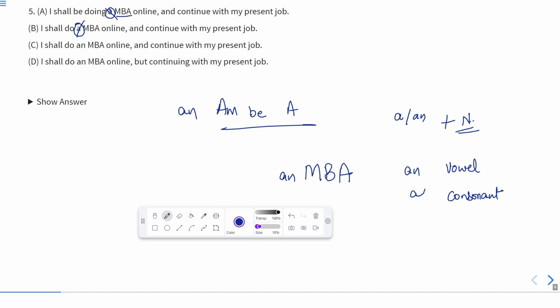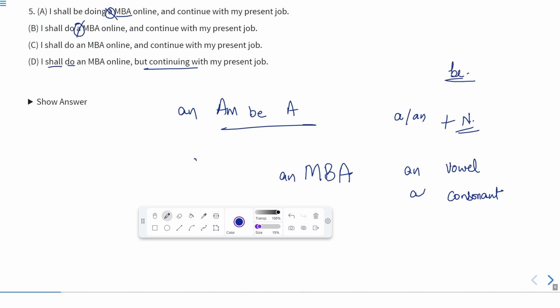Now in the C sentence we have I shall do an MBA online and continue with my present job, and that is correct. And in the last sentence it is given I shall do an MBA online but continuing with my present job. Now continuing is not the case over here, because we write the ing form only after any be form, whereas any be form is not given over here.